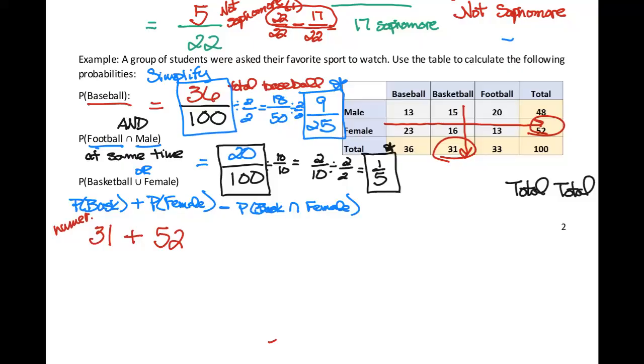How many were both basketball loving people and female? 16. Well, we have counted these 16 people twice. We counted them as females in that total, and we counted them as people who enjoyed watching basketball. So we can't have them in there twice. That's inflating and making our numbers bigger. So then we have to subtract what they have in common, which is that 16.